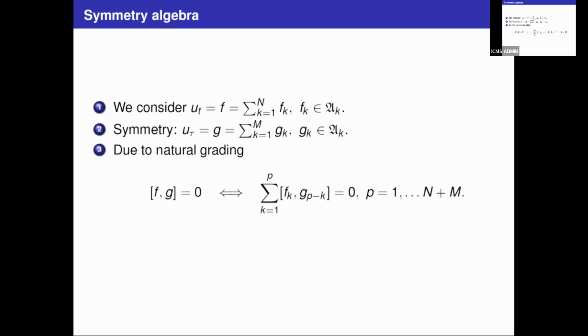We can split it by degrees of nonlinearity. So [f, g] equals 0 is in fact equivalent to m plus n minus 1 relations of the form here, where n and m are the highest degrees of the equation and its symmetry.